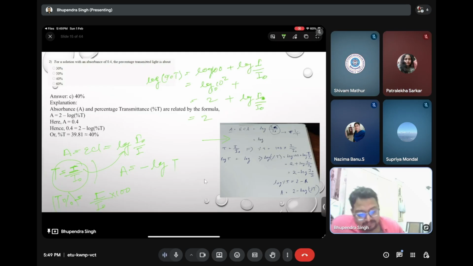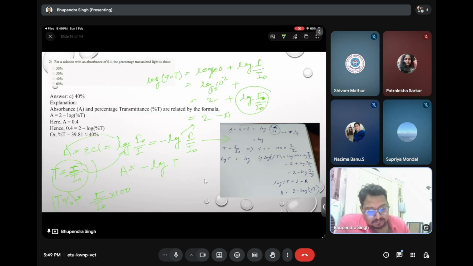This I by I0 is minus of A. This can also be written as minus log of I by I0. So if you substitute here, only minus A. So the formula becomes log percentage T equals 2 minus A.